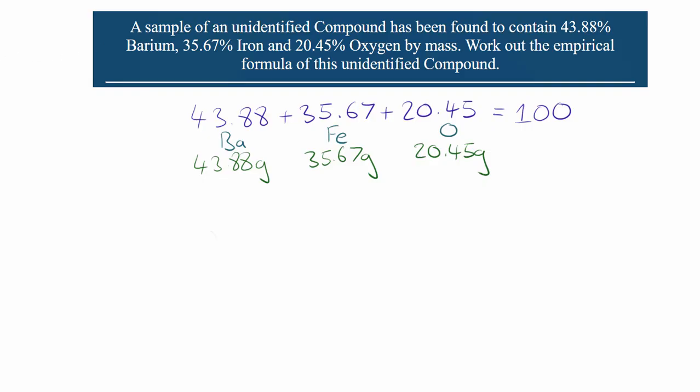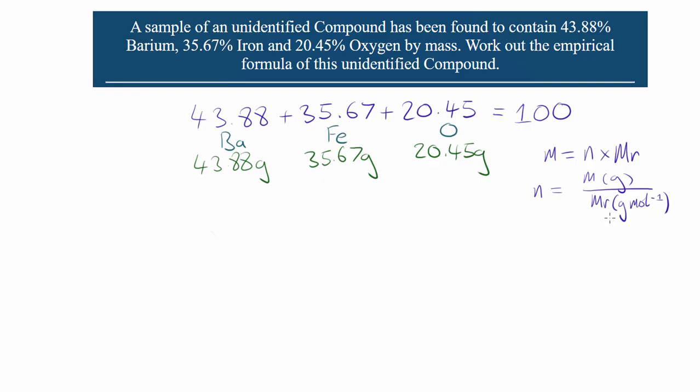Because of that, I'm going to use the relationship between mass and moles: mass is equal to the moles, n, multiplied by the molar mass, Mr. If we rearrange this and divide both sides by the molar mass to make moles the subject, the moles n is equal to the mass in grams divided by the molar mass Mr in grams per mole.